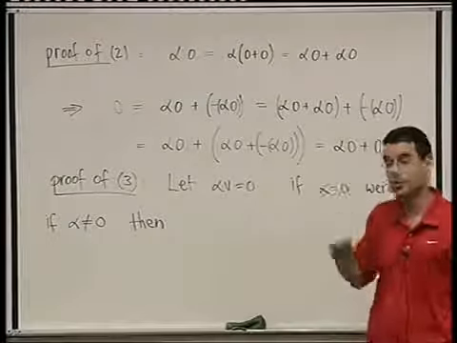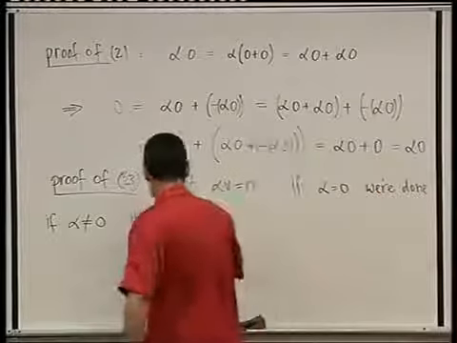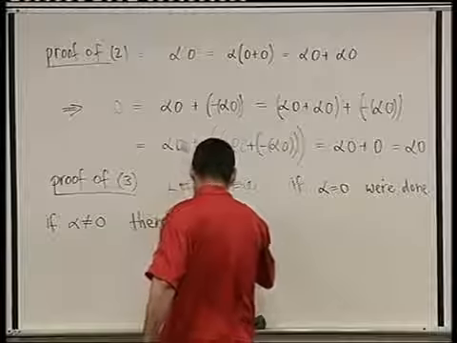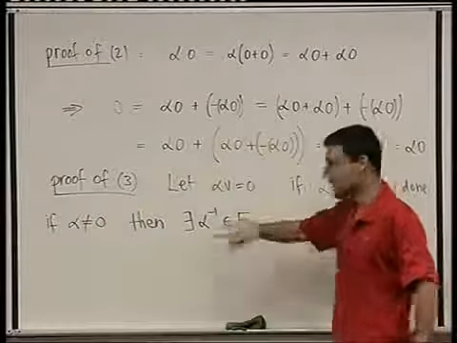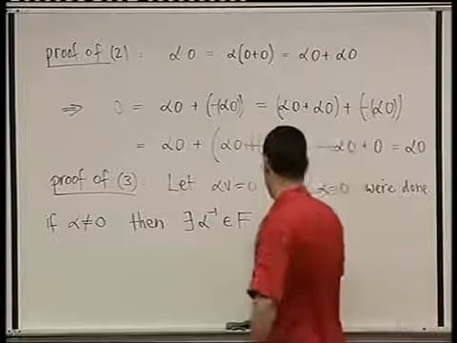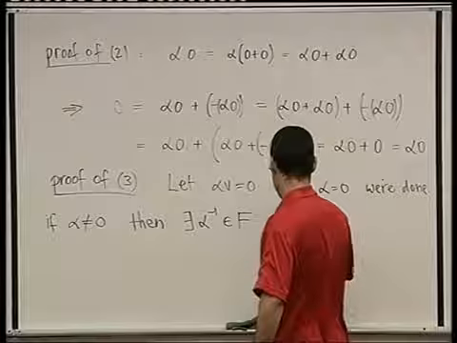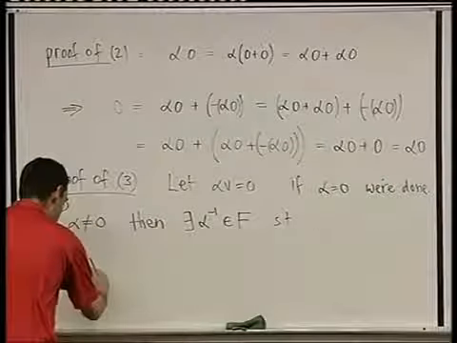It has a 1 over alpha, or an alpha to the minus 1. Then there exists alpha to the minus 1 in F. There exists a multiplicative inverse of alpha. Do you agree? Okay? Such that, and now we can write, what is v?